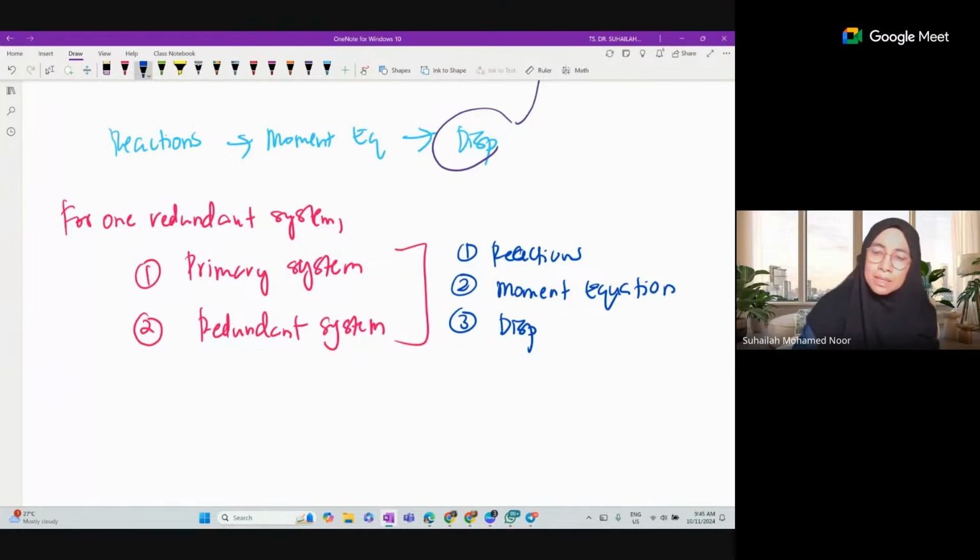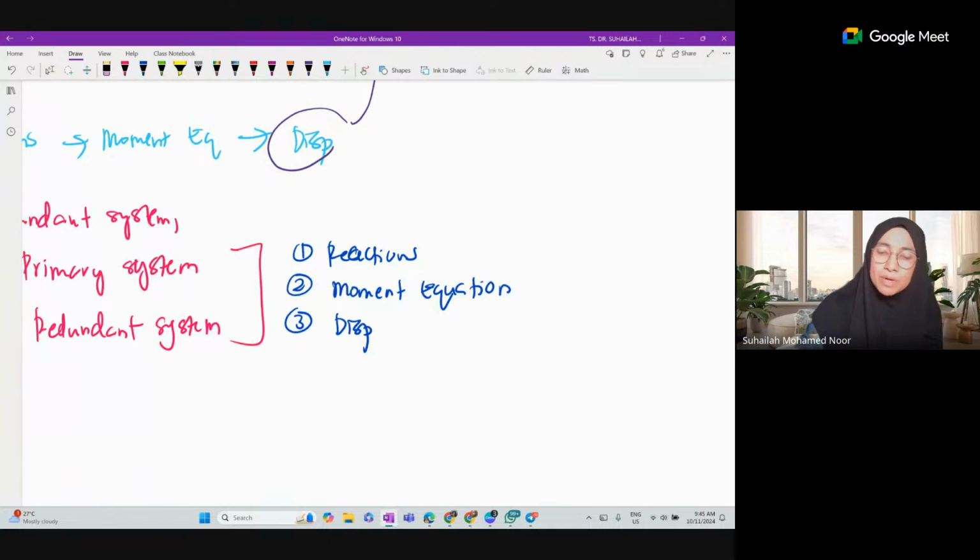The labels for the moment equations are M0 and MB.